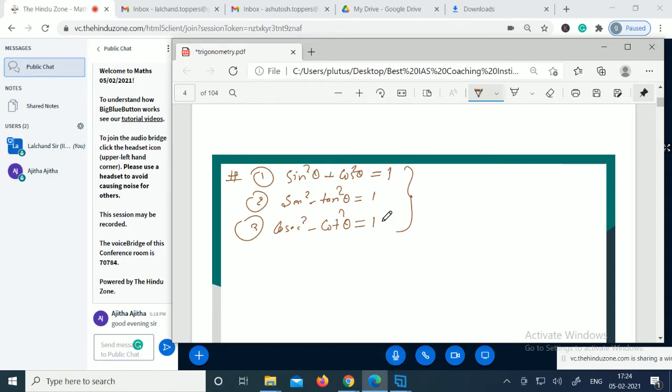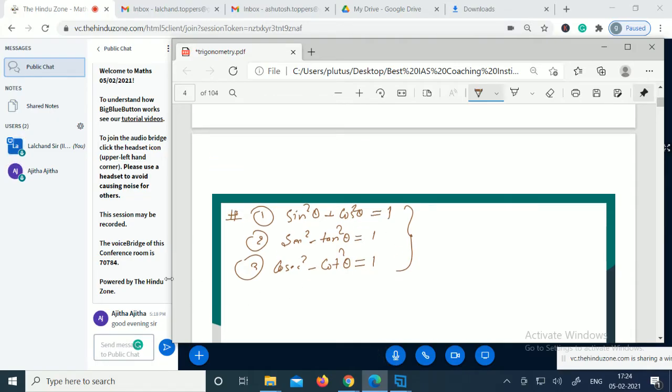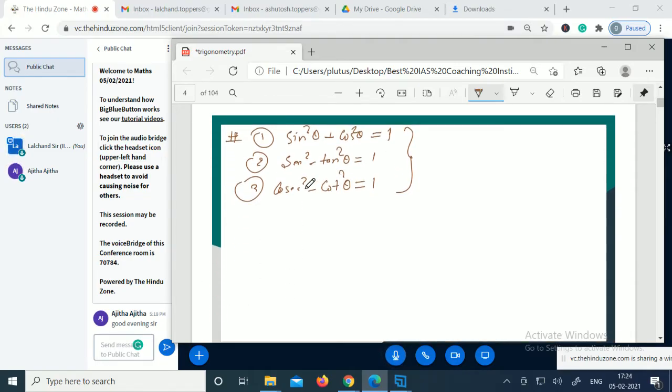Up to this, I think things are clear to you. Yes, sir. Yeah. So now we come to a little bit more. In 11th class, we have studied the formulas for compound angles like sine A plus B. So are you familiar with all these formulas, like sine A plus B, cos A plus B?